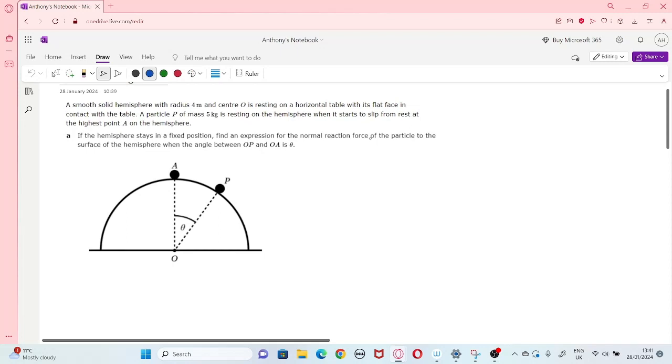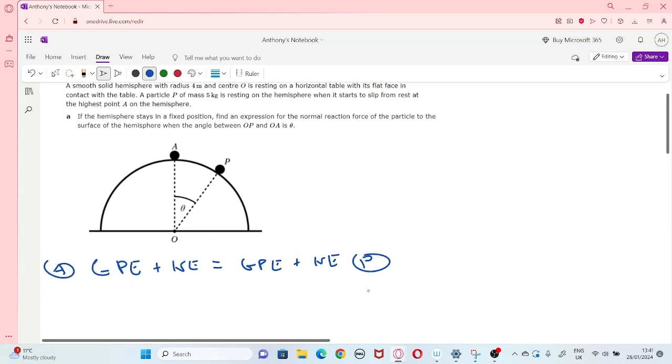So we want to find an equation for the angle. So first we're going to use conservation of energy, right? So we know that the gravitational potential energy plus the kinetic energy at point A must be equal to the gravitational potential energy plus the kinetic energy at point P, right?